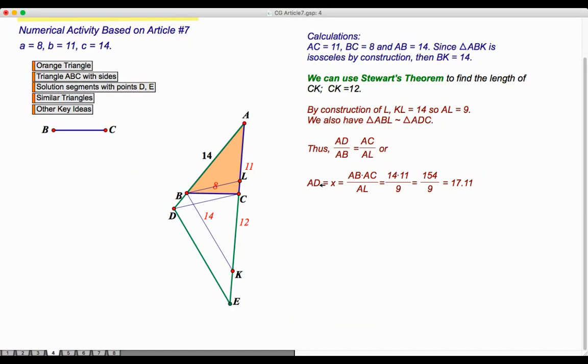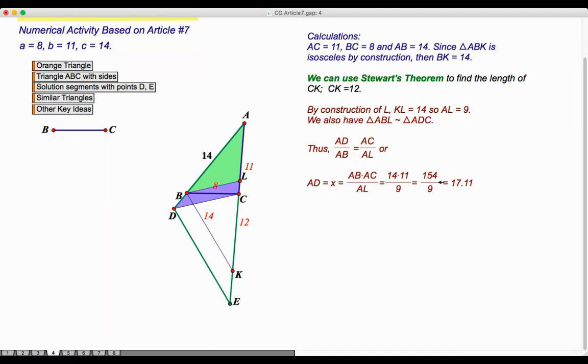Hence, I now have similar triangles. Okay, this is now ABL is similar to ADC, and therefore AD divided by AB is the same thing as AC divided by AL, and the rest is just replacing it.